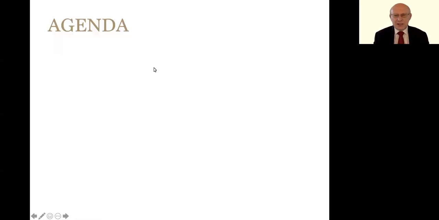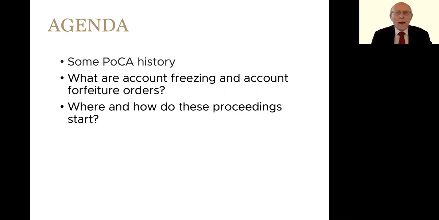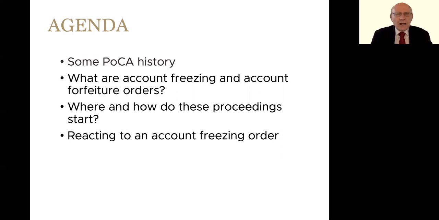Okay, so what's the agenda? We'll talk a little bit about some PoCA history, which is relevant. And then what are account freezing and account forfeiture orders? Where and how do these proceedings start? Reacting to an account freezing order. What is meant by recoverable property, which is a phrase that features largely in relation to account freezing and account forfeiture.